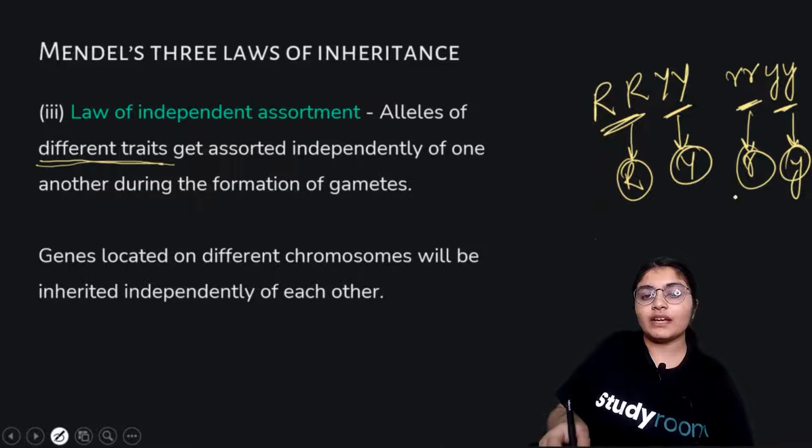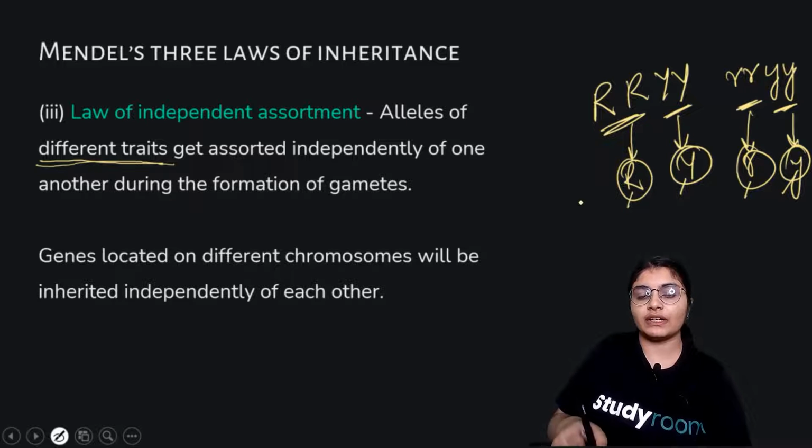So all these gametes are of different traits. This is of round, this is of yellow, this is of wrinkled, this is of green. So these are getting assorted independently, and this concept of assortment of the alleles of different traits into different gametes independently is known as the law of independent assortment.